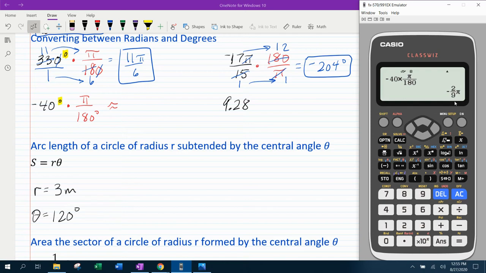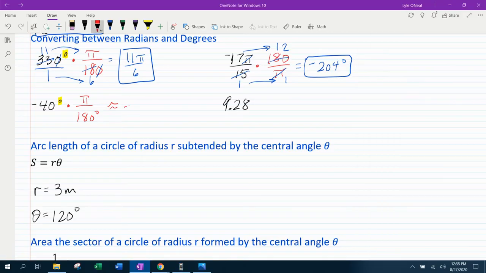And notice that my calculator is going to give us the exact answer in terms of pi, but if they want a decimal, you can hit this SD button and it makes it a decimal. Now we need to round that to 2 places, tenths, hundredths. Behind the 9 is an 8, and so that 69 is going to round up to a 70. So that's going to be negative 0.70 to the nearest hundredth, okay?